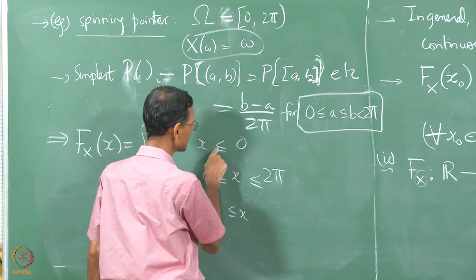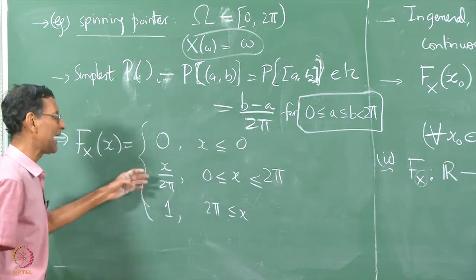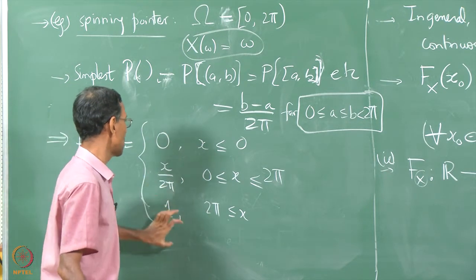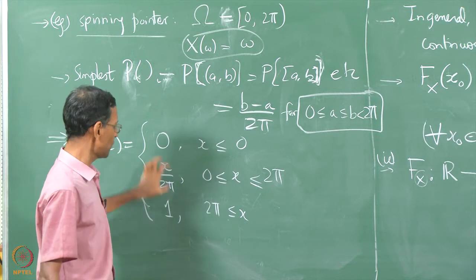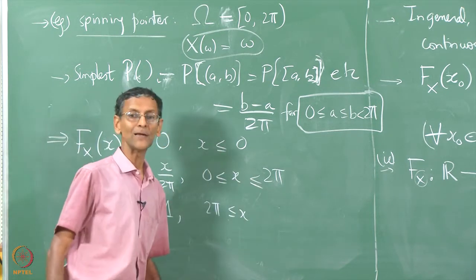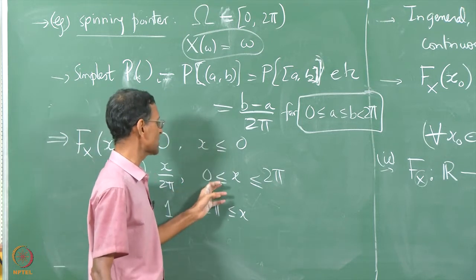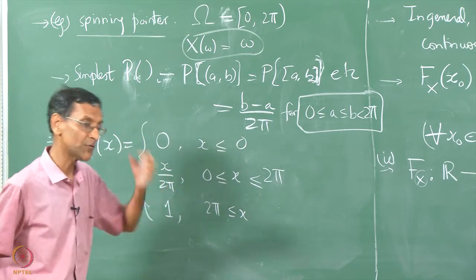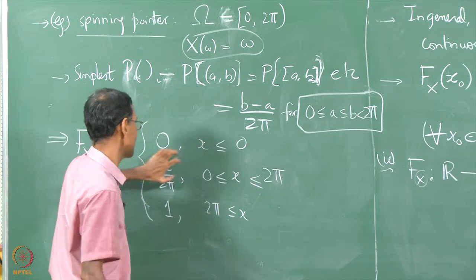I can put less than or equal to everywhere here because I am only defining this function, and it is actually continuous everywhere. So it is perfectly okay to write it with the less than or equal to, although some people might leave out some of these equal signs, but it does not matter. I think it is better for our understanding to appreciate that it is a continuous function.